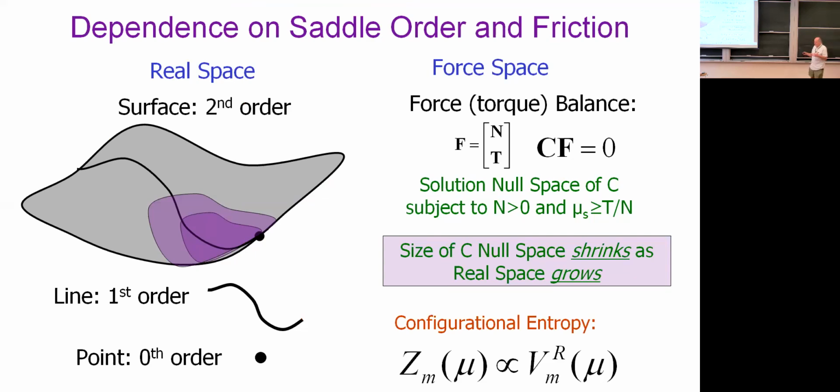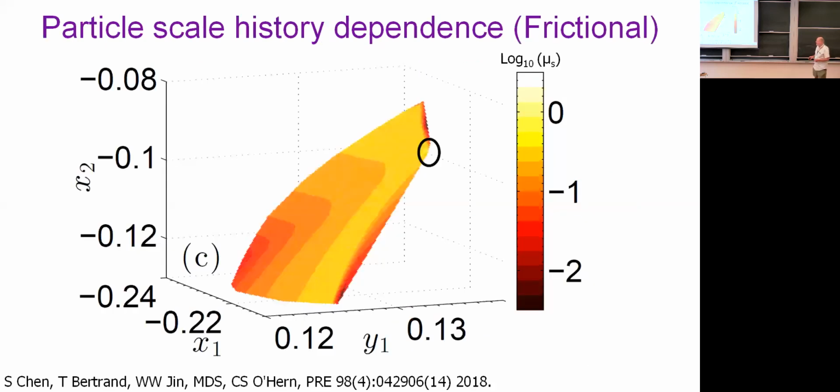So what we're going to say is that the partition function for this is proportional to the volume in real space of the structure that we have, but that volume is modulated by mu. So it depends on mu. So it's this structure plus the fact that there might be a mu dependence on the structure. And to just check that out, here we've actually calculated this.